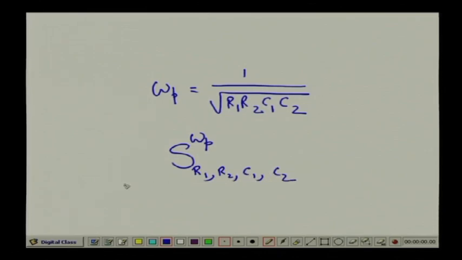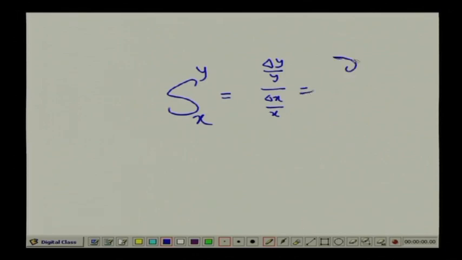I can write it in generalized form: the sensitivity S y x, where y is a filter parameter and x is a passive element, is delta y by y over delta x by x, or I can write del y by del x, times x by y.